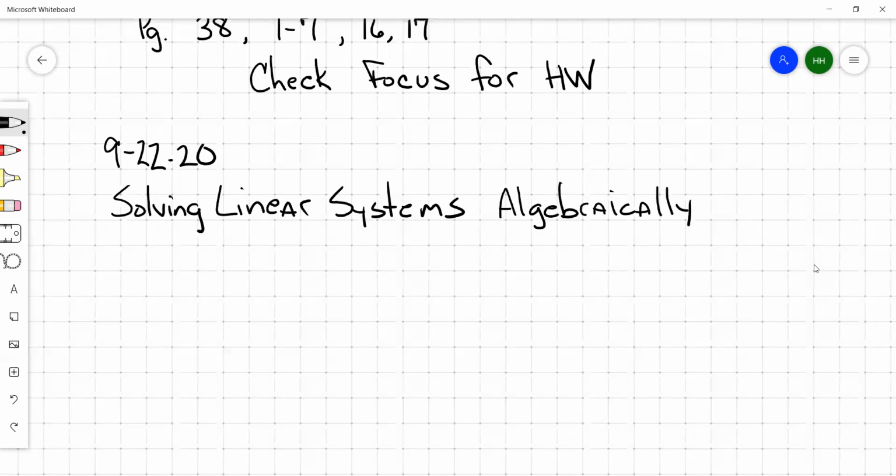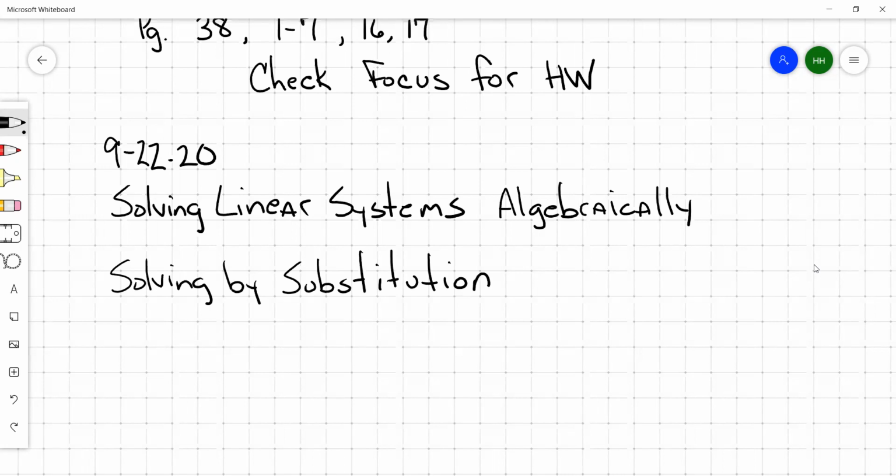So, today it looks like we are going to be solving by a technique called substitution. We're going to be solving by substitution.